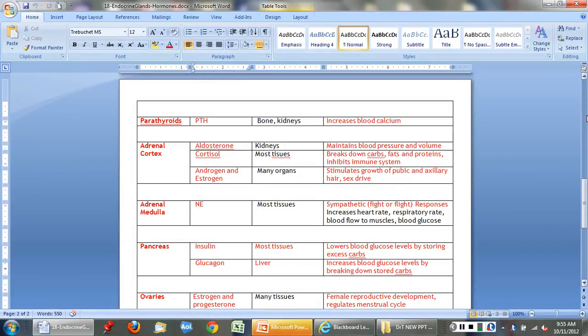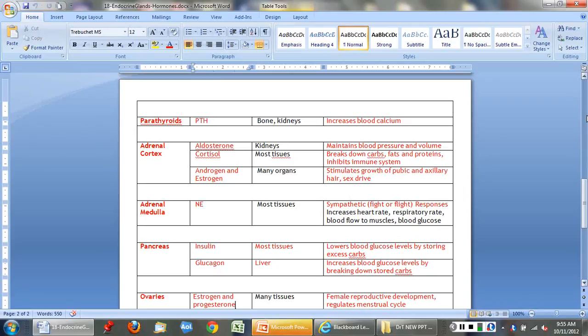We'll get into the exocrine gland function when we get to the digestive system. But the pancreas secretes insulin, and when it does, what effect does insulin have on the body? Blood glucose level. So insulin, when it's secreted, will lower blood glucose levels by storing excess carbs.